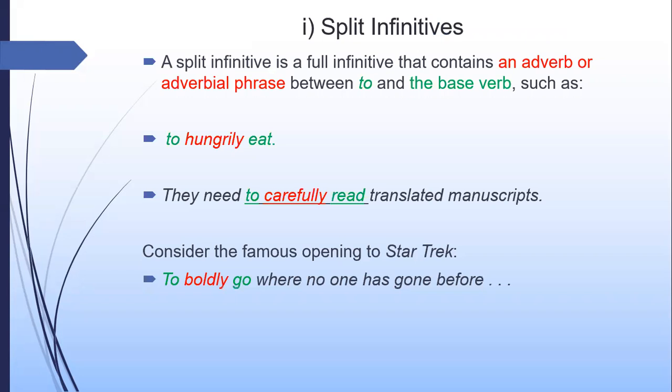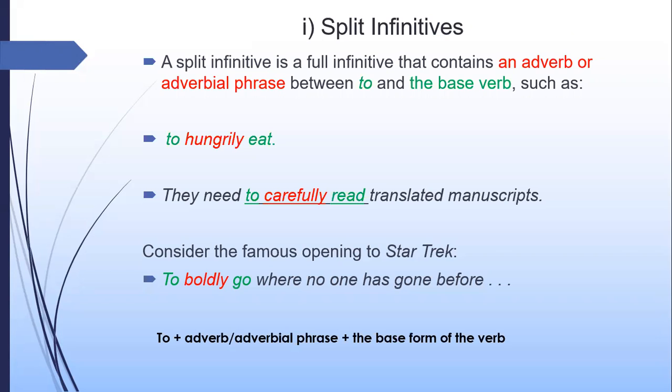When we talk about split infinitive, in simple terms, what are we talking about? We are talking about to plus adverb or adverbial phrase, then the verb's first form. It means we are talking about split infinitive. When you come across the name, it's quite simple, quite obvious.